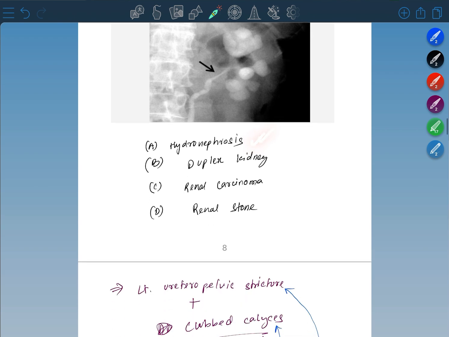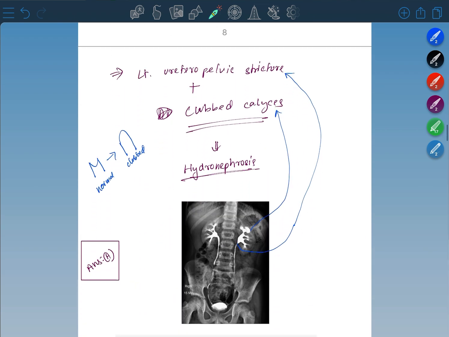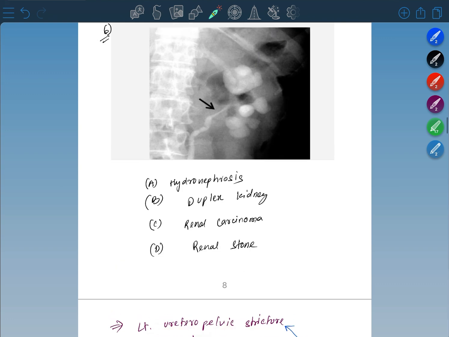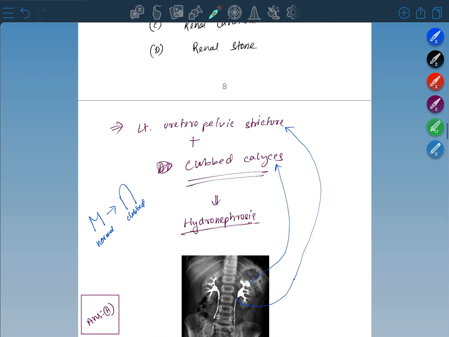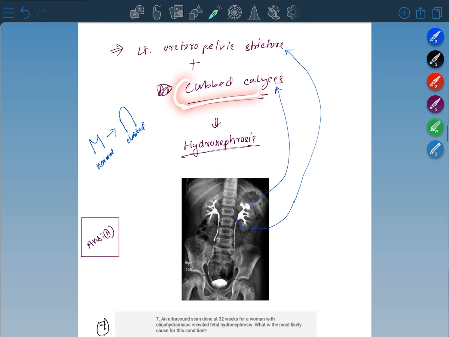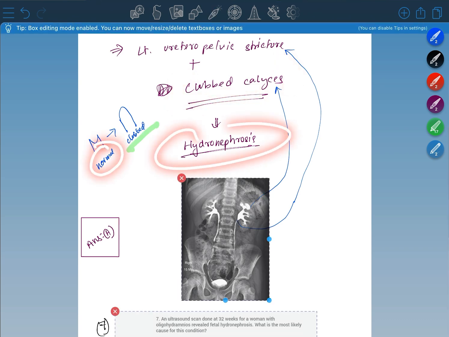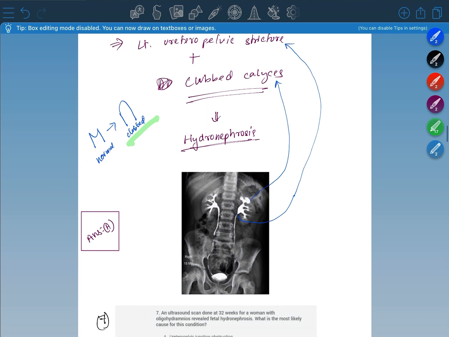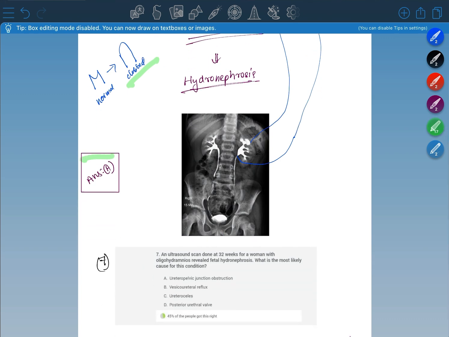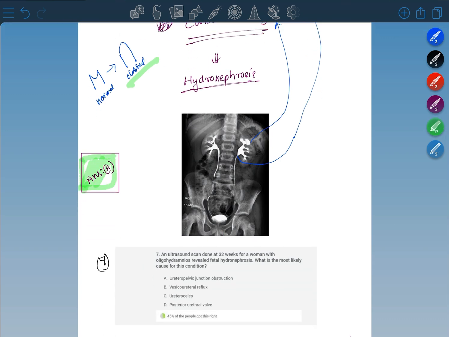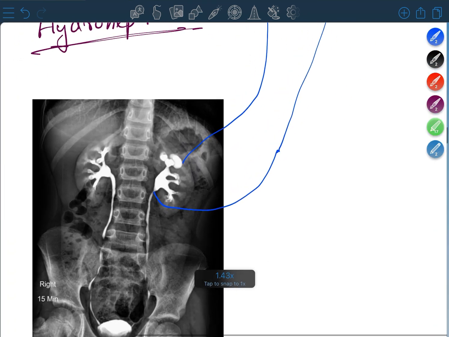Now let's learn a little bit more about it. Left ureteropelvic stricture. See, this is the stricture plus clubbed calyces. This is hydronephrosis. This is normal. The answer is hydronephrosis.